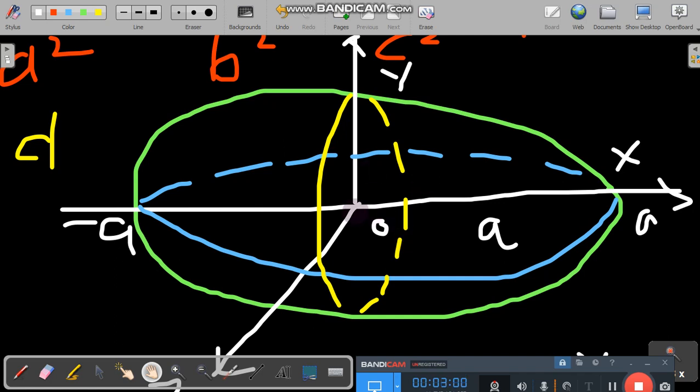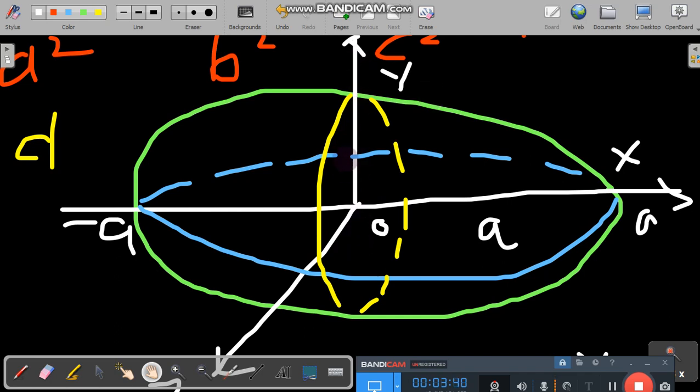Now look at this. If from here to here the distance is a, then from here to here the distance is a. So the total distance which cuts the x-axis is 2a. This particular point is minus a, this particular point is plus a, so the total distance is 2a. Now instead of taking this on the x-axis, we can take it on the y-axis also, or the z-axis. In all the directions we can have a different length.